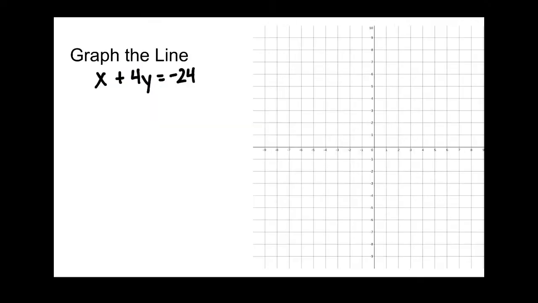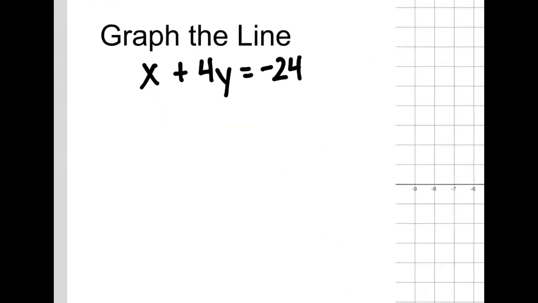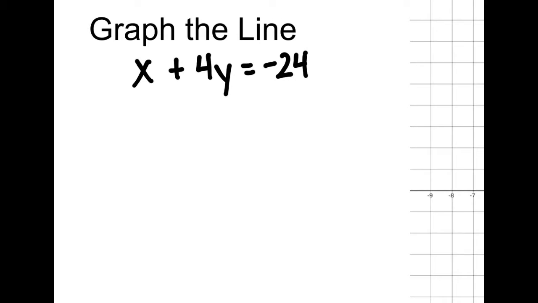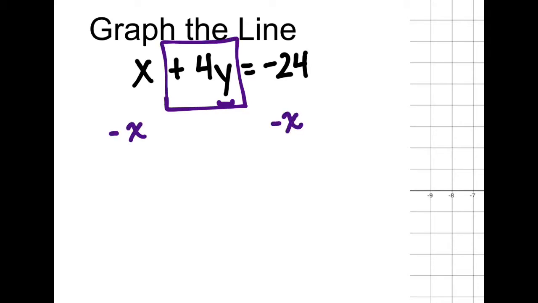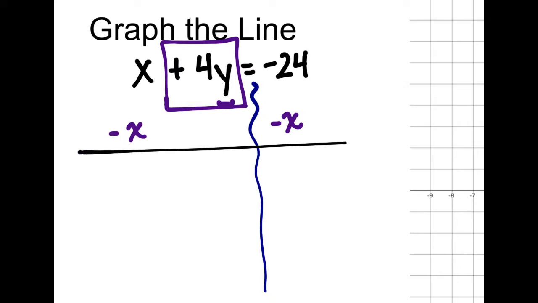All right. So again, we're going to do the same thing. We're going to get this into slope-intercept form first. So again, I want to get y alone, which means getting the term with y alone first. So I'm going to subtract x. So 4y equals, and I'm going to put that in front like I've said before.